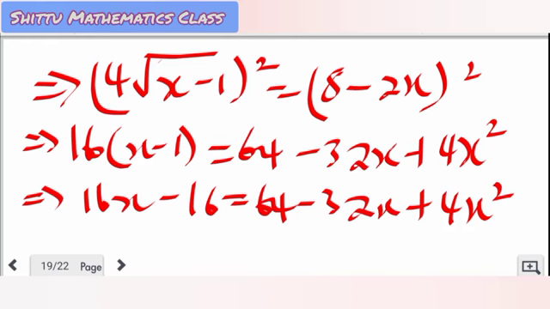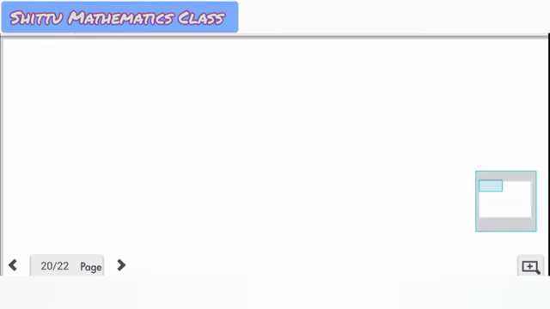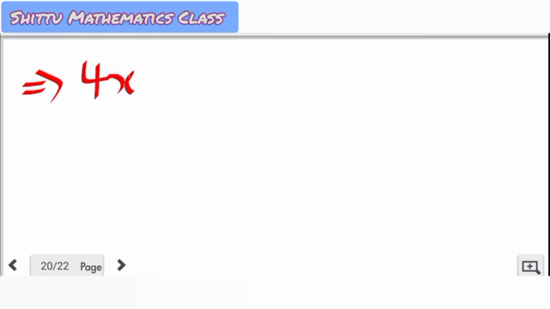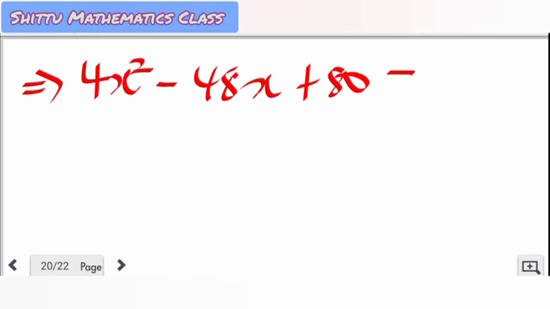Now try to collect the like terms, so this is going to arrive at 4x squared minus 48x plus 80 equals 0.